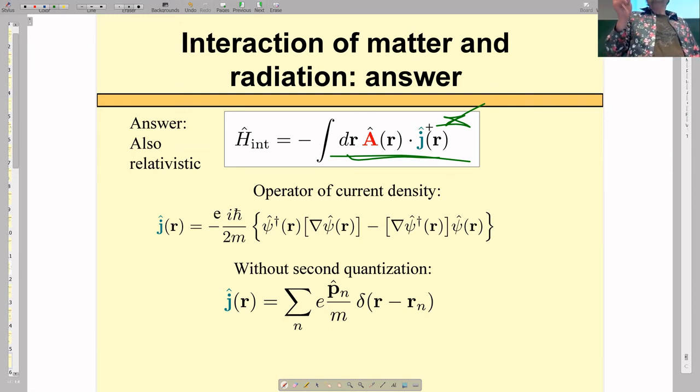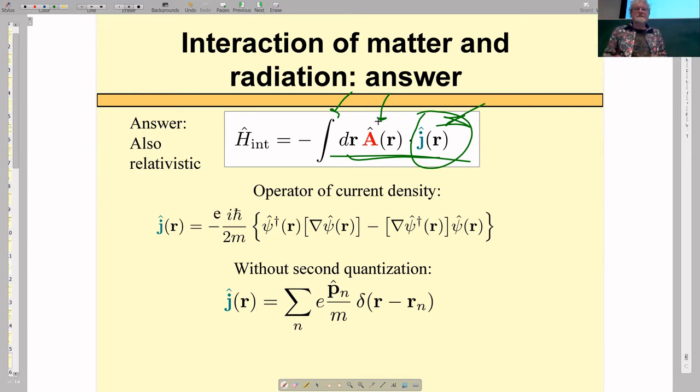We have precisely the structure we had at the beginning of this lecture. It is a sum, in our case a sum over coordinates. This operator is all about matter, about electric currents which are produced by moving electrons. And that operator is solely about radiation and is a linear combination of creation and annihilation operators.